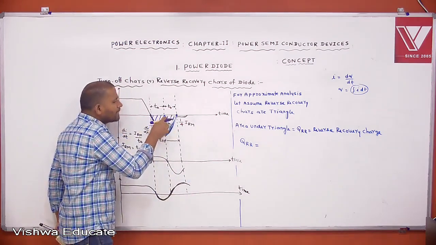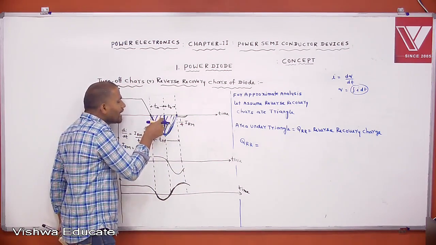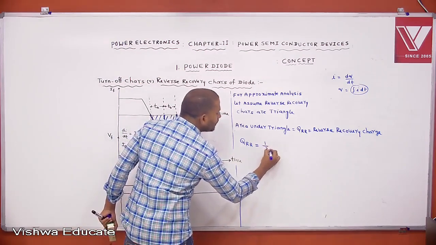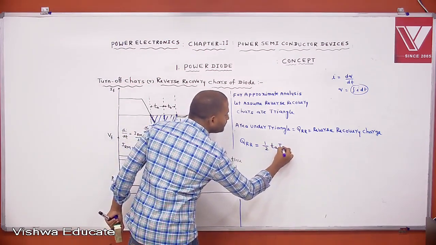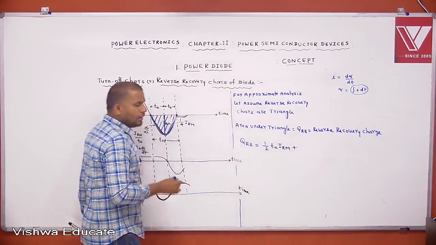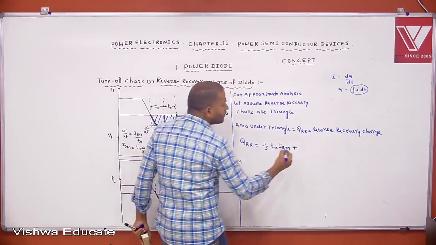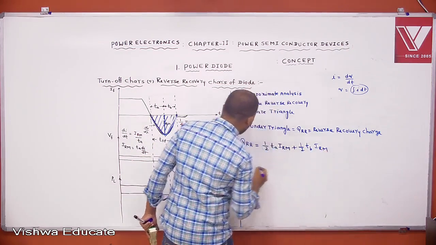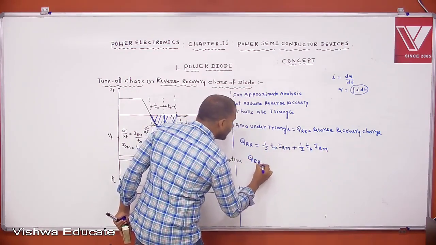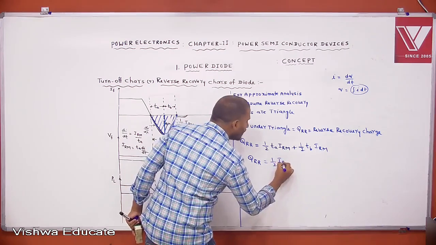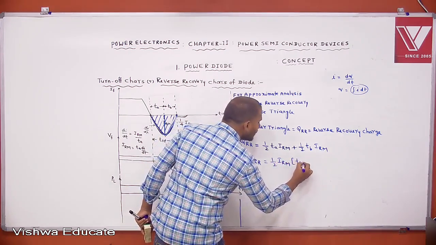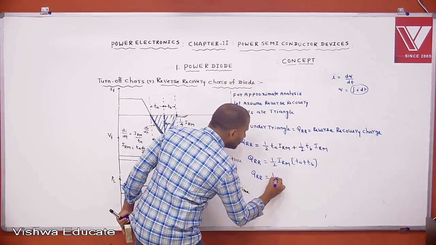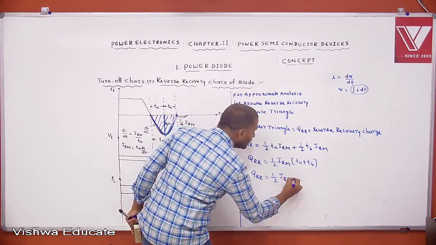The area under one triangle is half into TA into IRM, plus the area under the other triangle, half into TB into IRM. Then QRR equals half into IRM into TA plus TB. So the reverse recovery charge equals half into IRM into TRR.